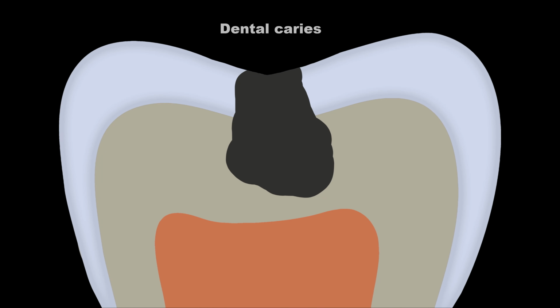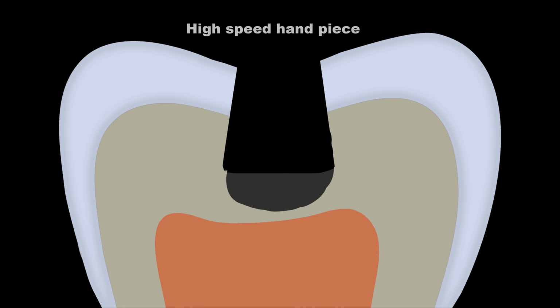Let's consider that this is a dental caries, and whenever there is a caries which is excessive in the enamel portion and also the outer part of the dentin, we have to use a high speed handpiece, maybe with an air rotor.